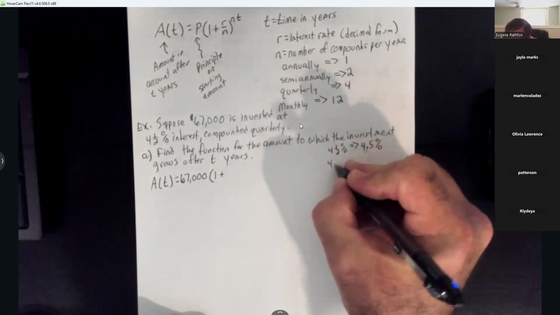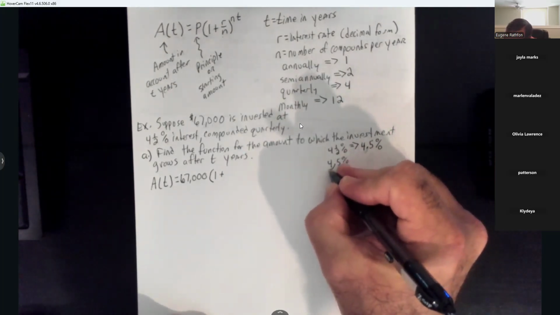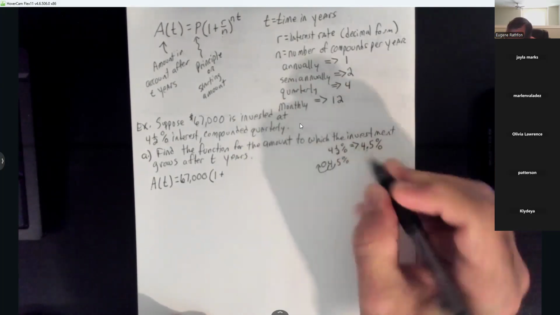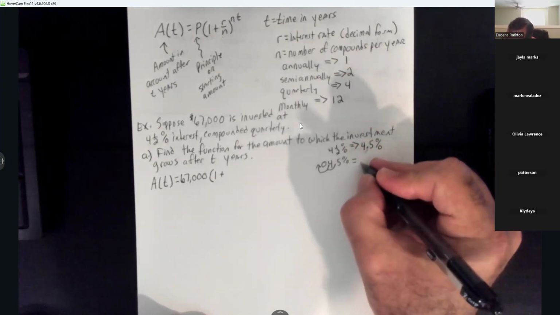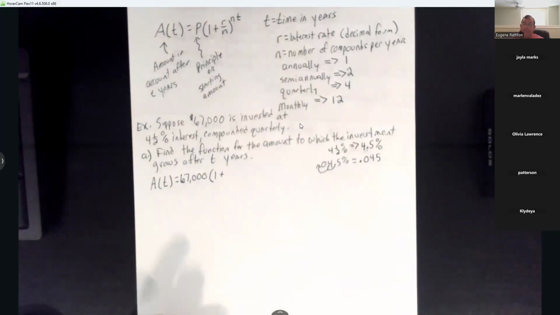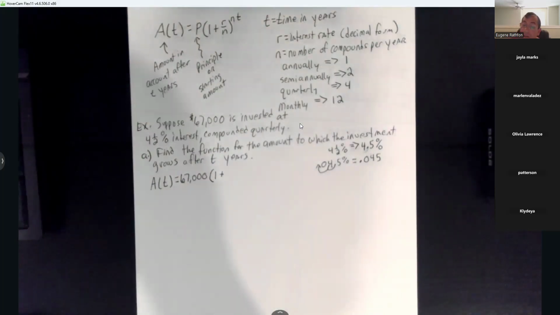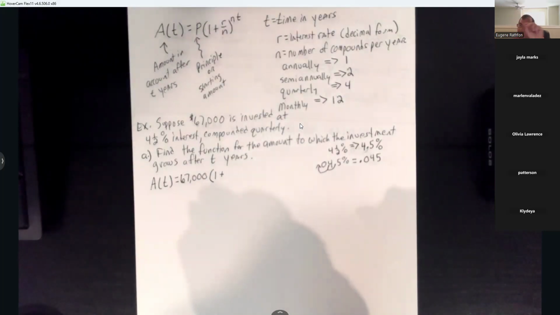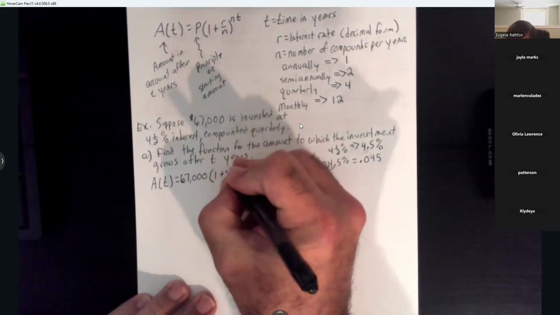So I got 4.5%. I'm going to move the decimal left once. So I'm going to have to add a 0 so that I can move it left twice. So 4.5% turns into 0.045. Now you can take the 4.5 and divide by 100 and get the same answer. But y'all, all you gotta do is move the decimal left twice, okay? So 0.045 comes up here.